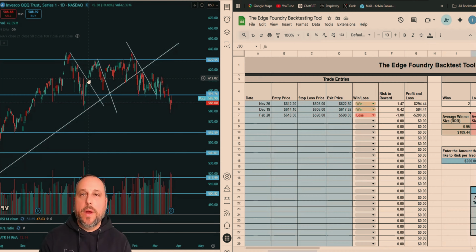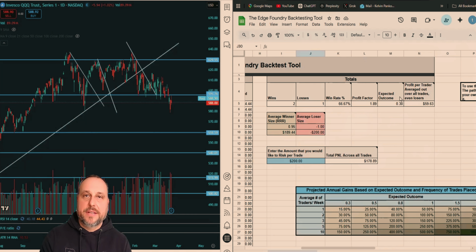I already know how it typically works out for me. I already know that if it works out typically, then I will make 30 cents after I pay for all my losers. And I know that if I make 30 cents on average across 5 trades per week, then I can make 75% on my account in the year.